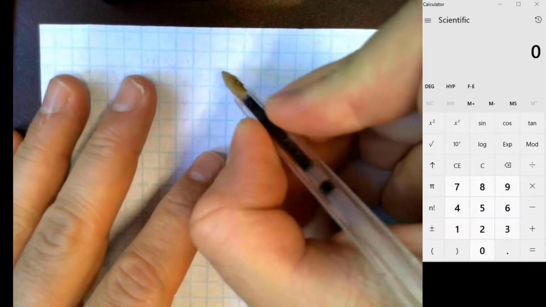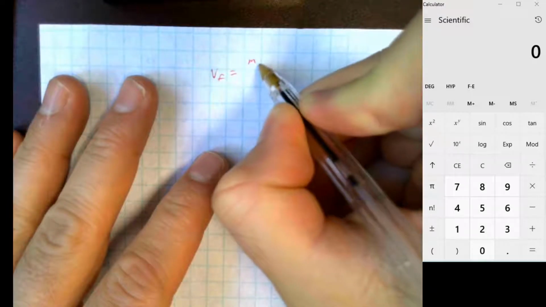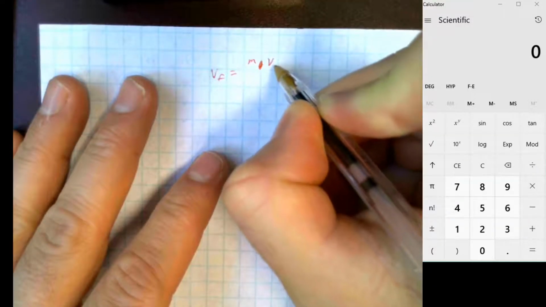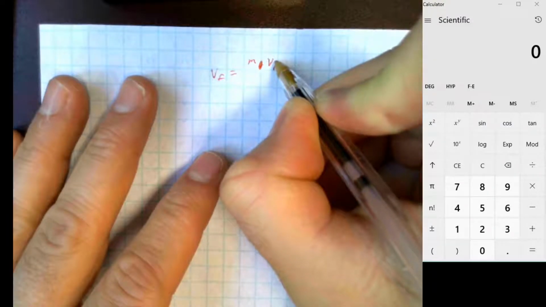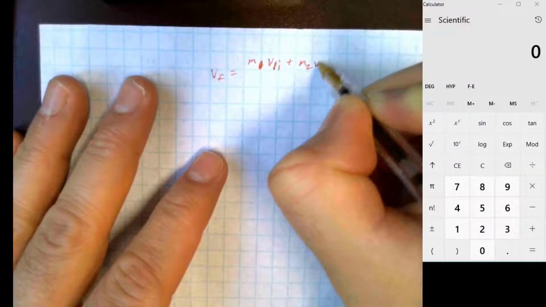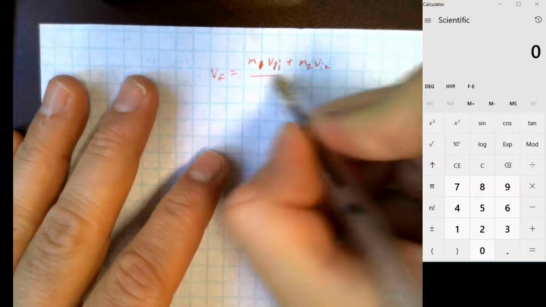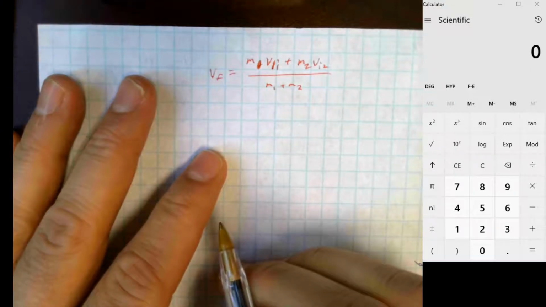So with these two objects, let's write our VF equals M1, actually I'm going to call them M1, V1I, plus M2 VI2, divided by M1 plus M2.